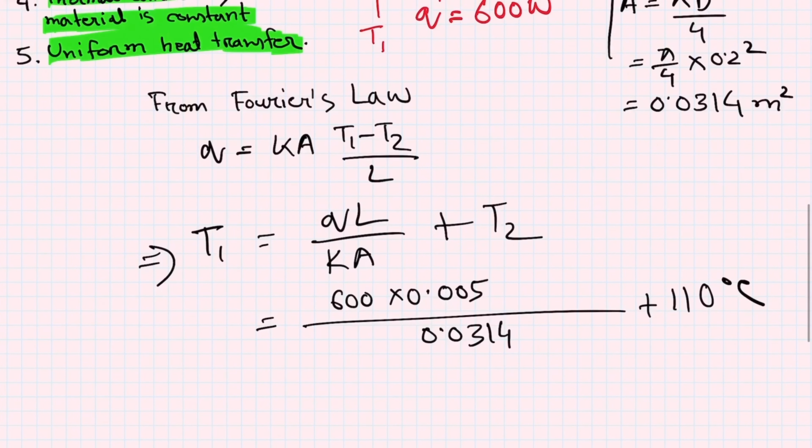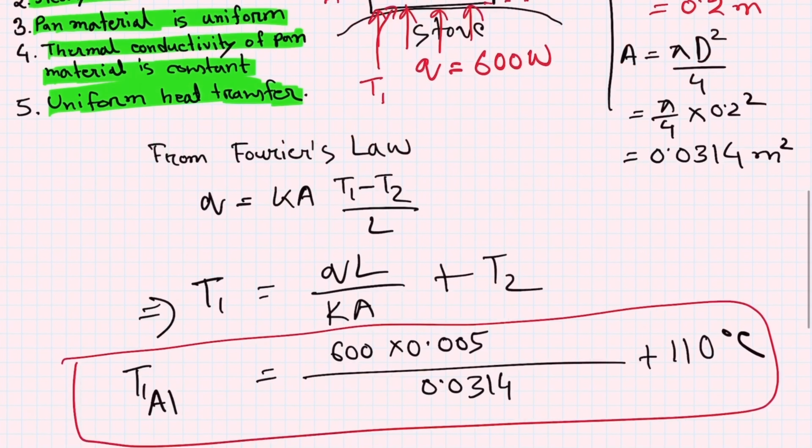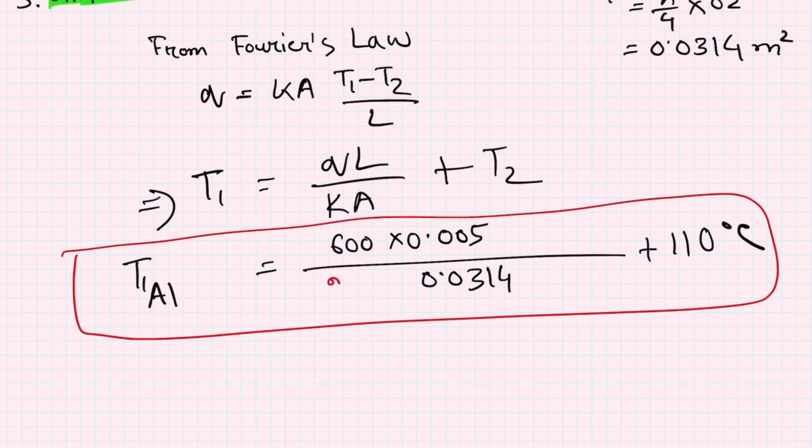One T1 we calculate for aluminum, so I'm using the subscript Al to denote that, and this whole red boxed equation is for aluminum, using aluminum's thermal conductivity, which is given as 240 watts per meter Kelvin. So this is the equation for the temperature of the bottom surface if the pan were made of aluminum.